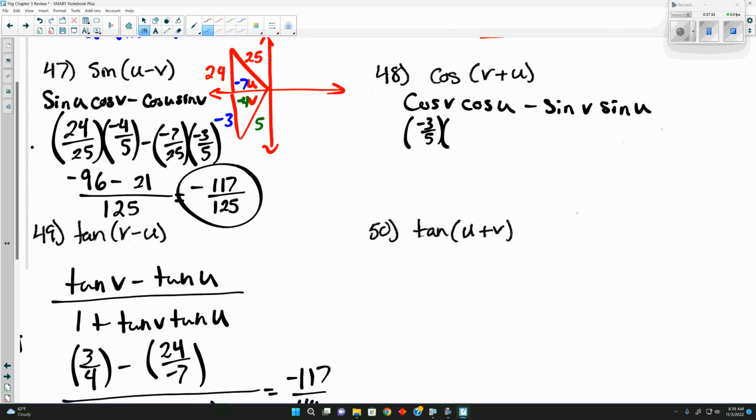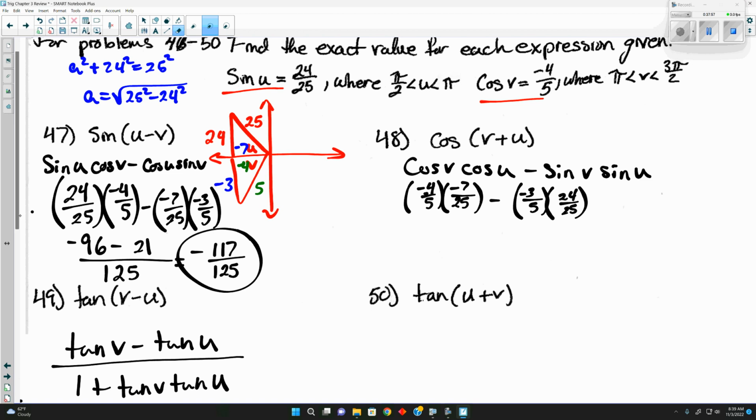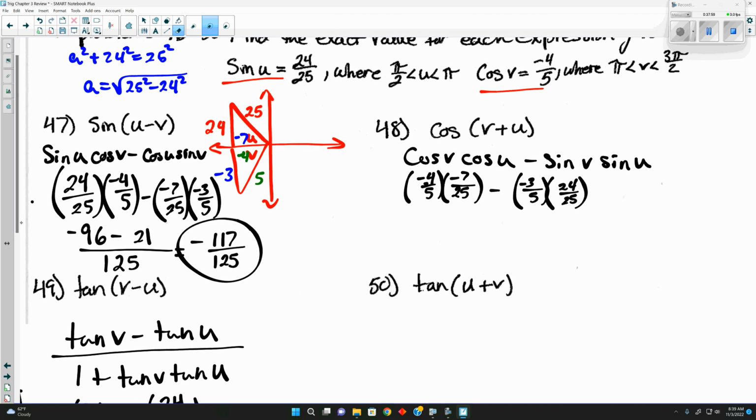Cosine of U is -7/25 minus sine of V. No, got ahead of myself. Because that should be a 4. That sine of V should be -3/5, and sine of U should be 24/25. Because cosine of V is not -3/5, it's -4/5. They told us that from the get-go.